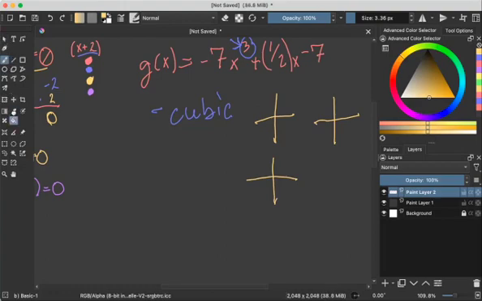By cubic, what they mean is that it could touch the axis at 3 points, or it doesn't have to touch at all. It just means you can have a maximum of 3 points. So it could go like this, like this, or like this.